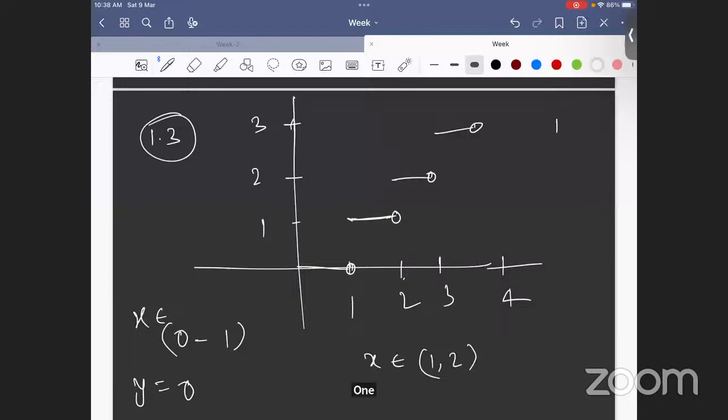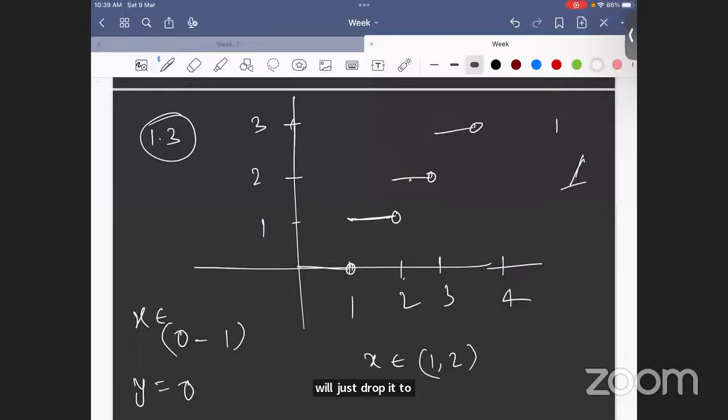Correct. And here also 2 is not included, similarly 3 is not included, 4 is not included. Let's say you are getting 1.3, then the value of y is 1. So from 1 to 2, whatever value you get, if you go above this value till 2, it will just drop to 1 itself. If you get values from 2 to 3, it will drop to 2 itself. But if you get 3, then it will be 3 only.